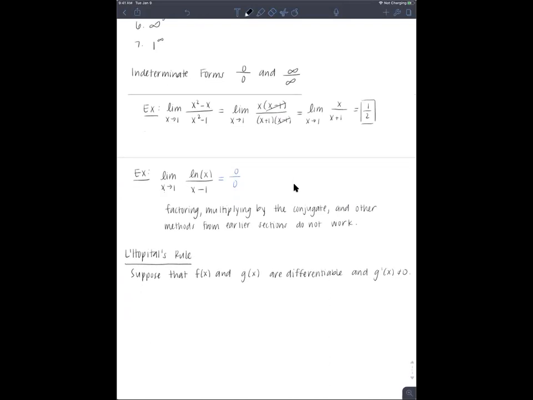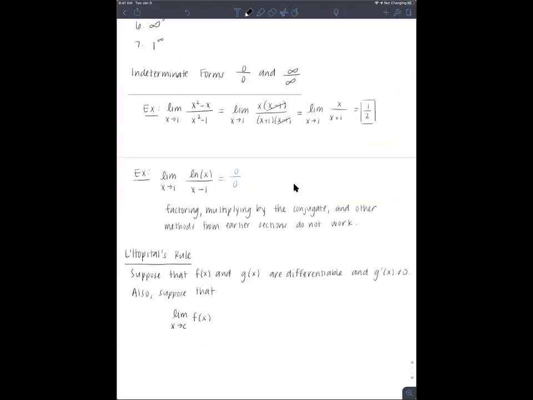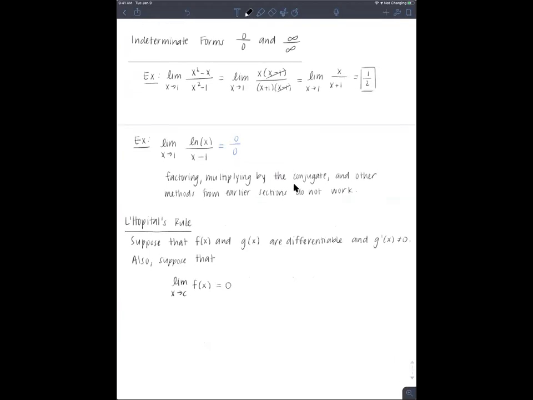And then we're also going to suppose that the following limits are true. Suppose that the limit as x approaches c of f of x is equal to 0, and the limit as x approaches c of g of x equals 0.